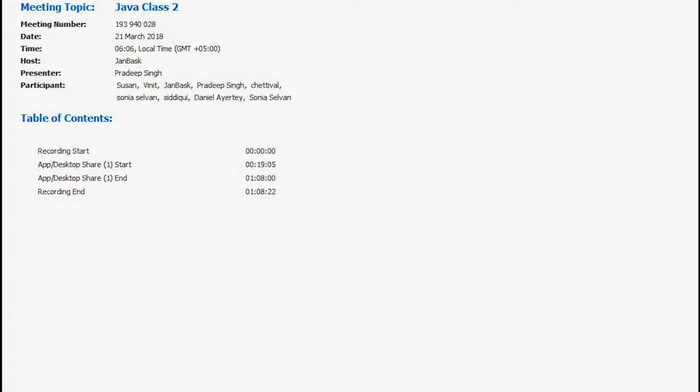Then the Java virtual machine and the Java execution environment, the JRE, the Java runtime environment, reads that bytecode step by step, interprets it, and converts it into native platform specific code.